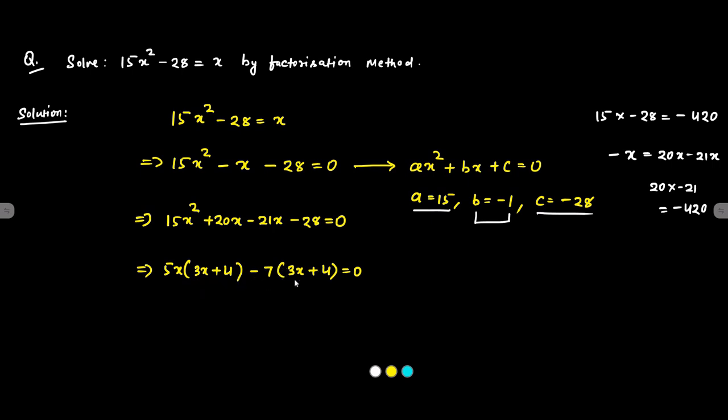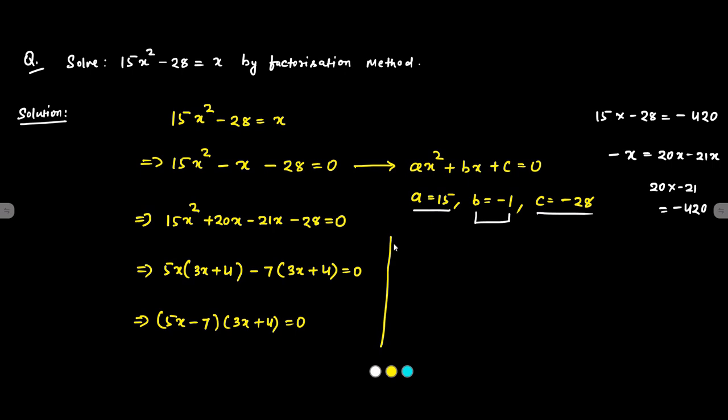So we have 5x into 3x, 15x square plus 20x, minus 7 into 3x, minus 21x, minus 28 is equal to 0. That implies 5x minus 7 into 3x plus 4 is equal to 0.